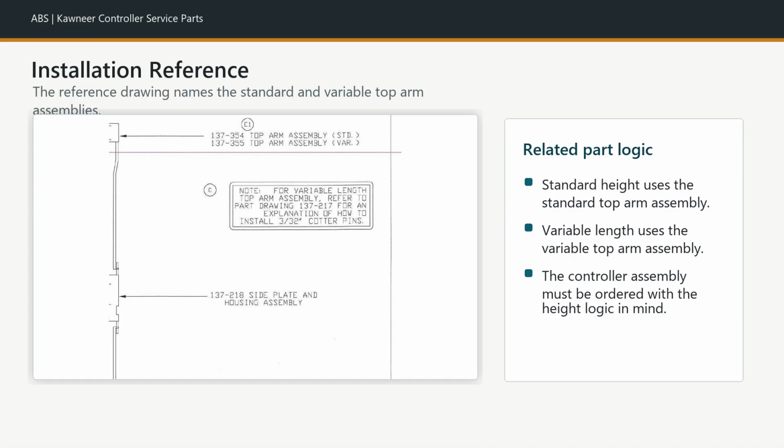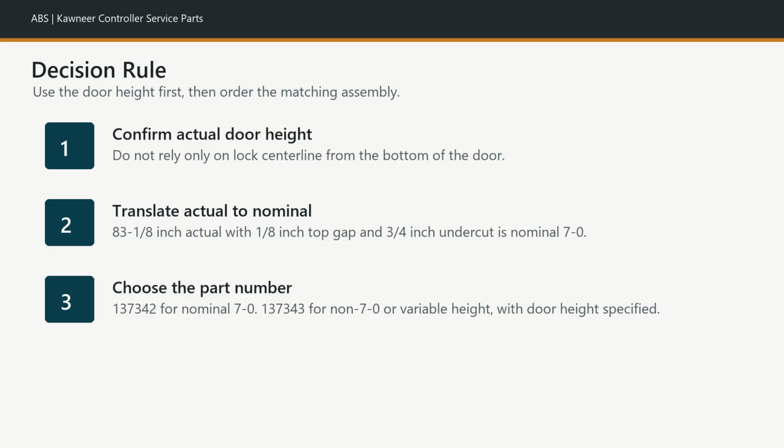So the actual height of a 7/0 is, in the hollow metal world at least, 83 1/8, because you've got a 1/8 inch gap at the top and then a 3/4 inch undercut. And that 3/4 plus 83 1/8 plus 1/8 equals 84. And that is where that nominal 7-foot, 7/0, or just a 7-foot tall door comes from.